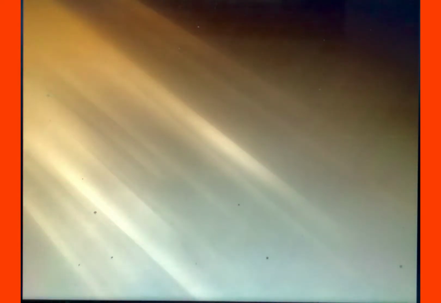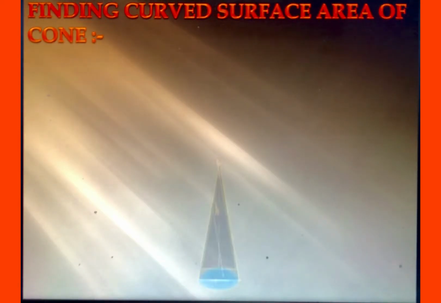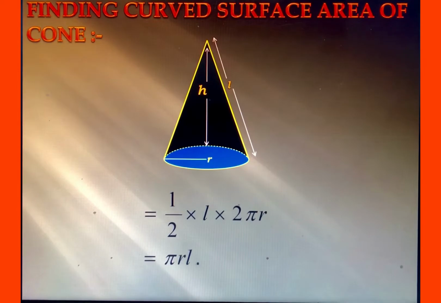Dear, you know very well, the base has radius r, the height of the cone is h, and the slant height is l, then the curved surface area of the cone is 1 by 2 l into 2 pi r. 2 pi r means the perimeter of the base is 2 pi r, and l is the slant height.